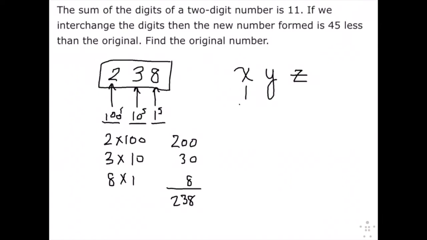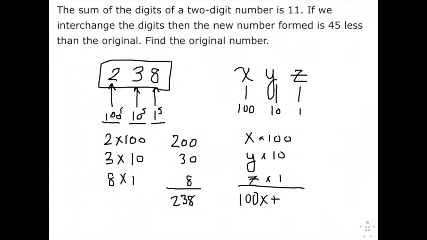So this would be hundreds, this would be tens, and this would be ones. So the value of the number xyz is x times 100 added to y times 10 added to z times 1, and I'd get 100x plus 10y plus z.